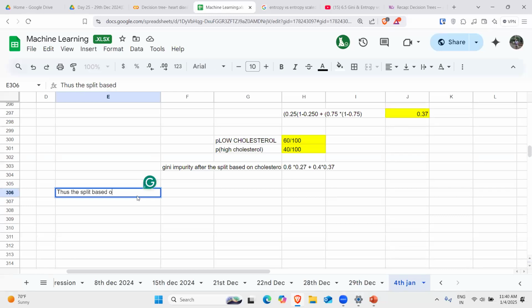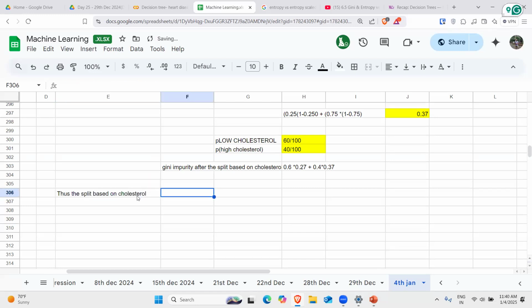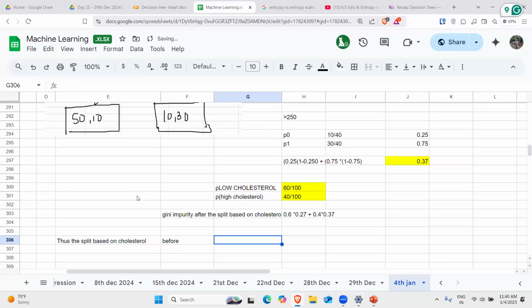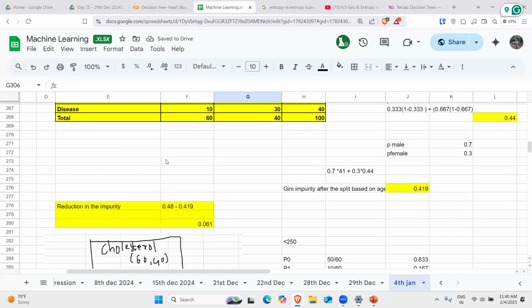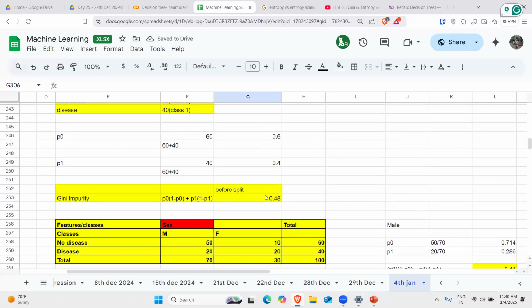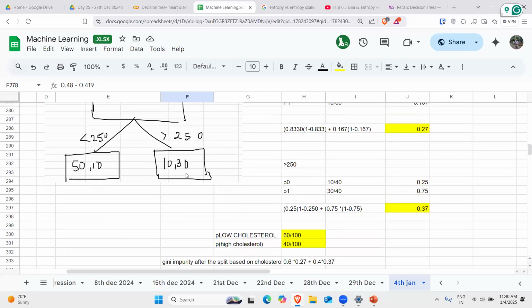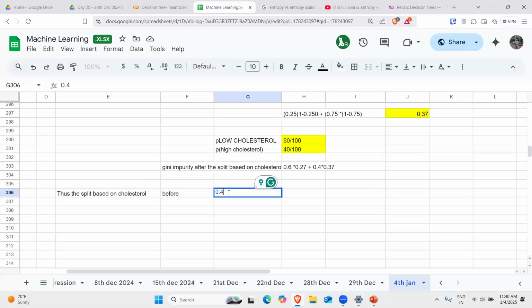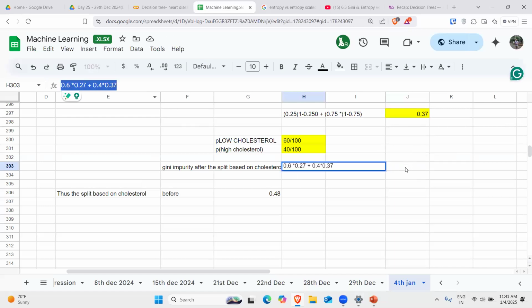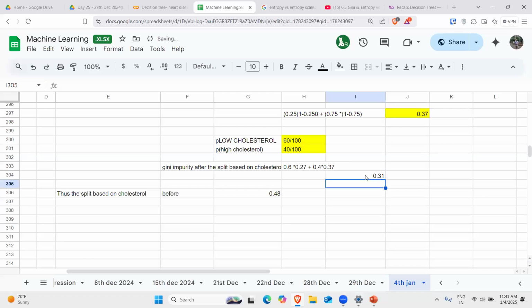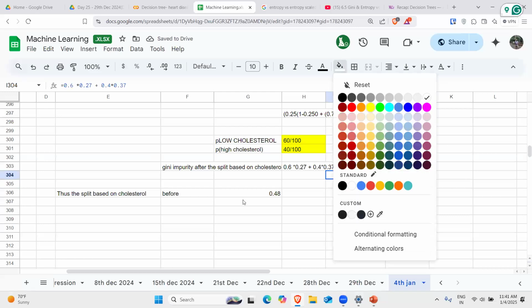Now, thus the split based on cholesterol. Before we had 0.48, yes or no? Before we had 0.48, this one. Before we had 0.48, now it is, let's calculate this, equals to 0.31, right?